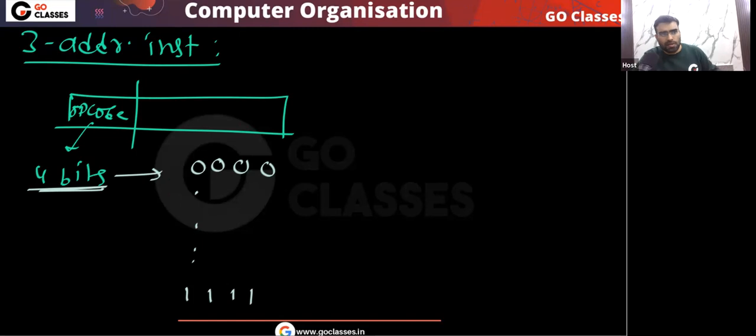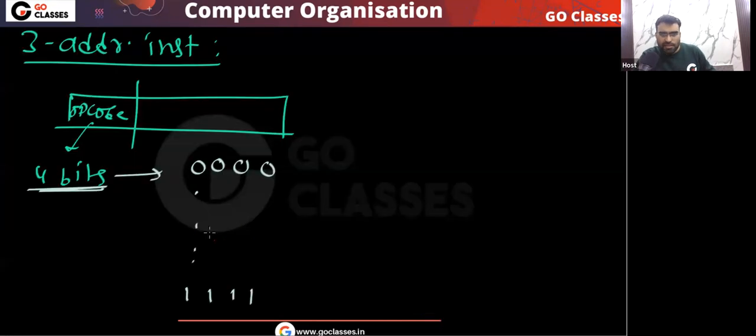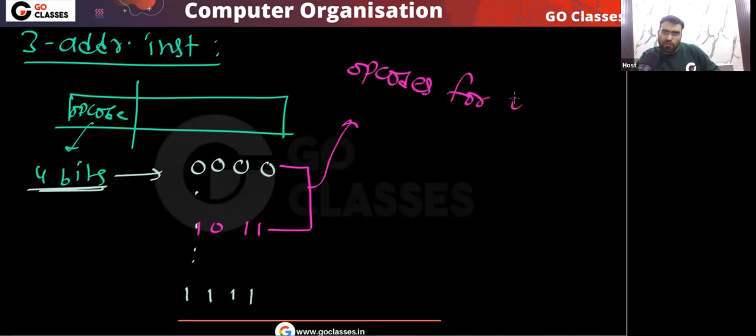From these 16 combinations, how many 3 address instructions do I want? I want 12. So from here to 1011, these I can use. These are the opcodes for 3 address instructions.